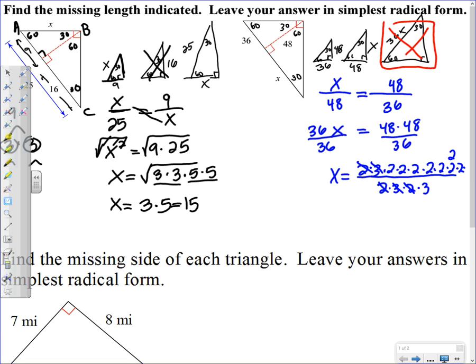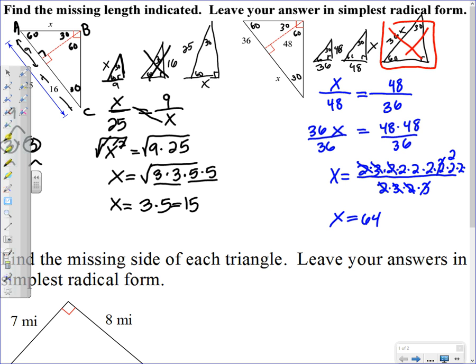I can cancel a 2, and these will cancel with that. So my answer will be 2 times 2 is 4, times 2 is 8, times 2 is 16, times 2 is 32, times 2 is 64. So x is 64.